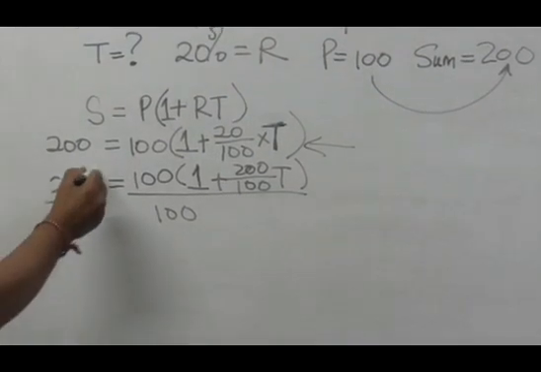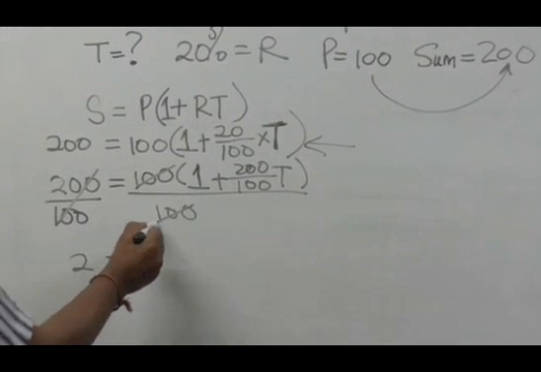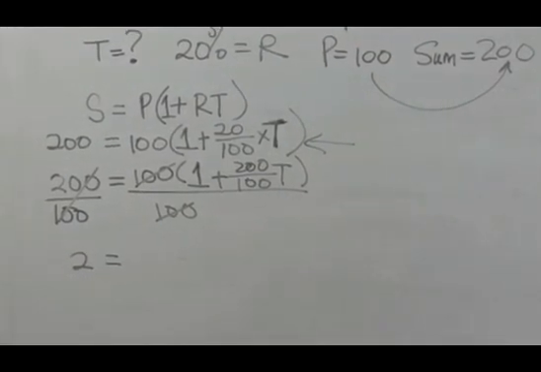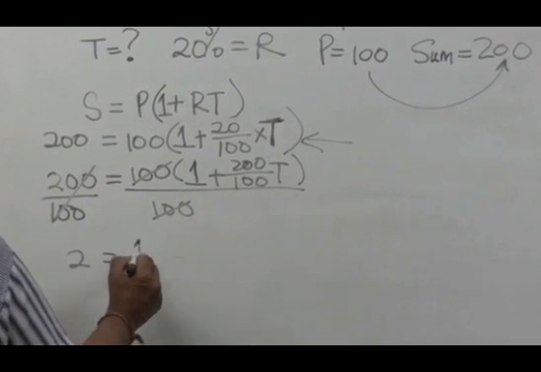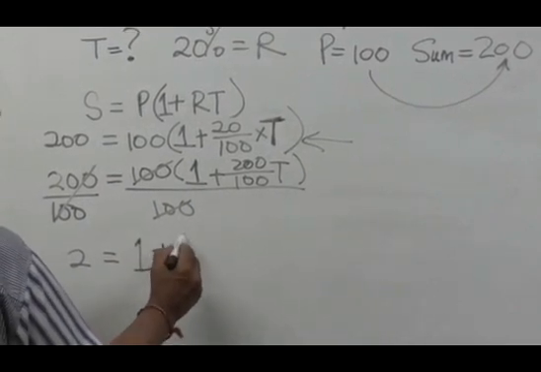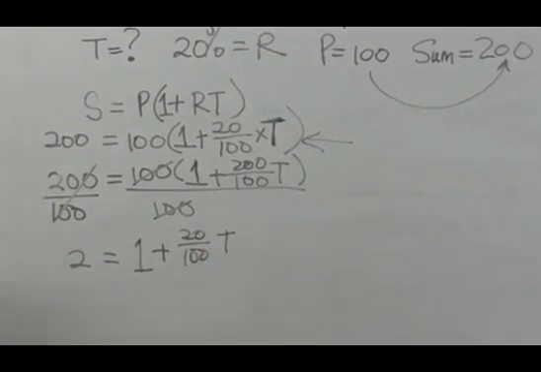Now this becomes 2. These cancel off. And we're left with 1 plus 20 over 100 T.